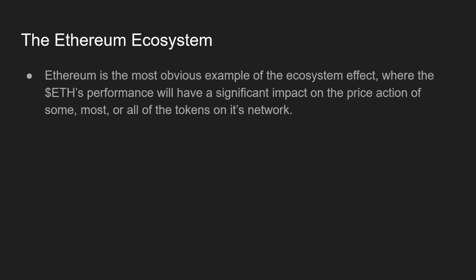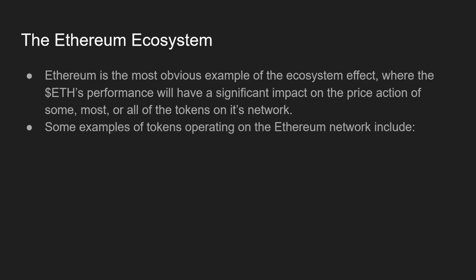Now, Ethereum is the most obvious example of the ecosystem effect, where its performance will have a significant impact on the price action of some, most, or all of the tokens on its network. This will vary over time. It's very situational and something to keep track of as well.